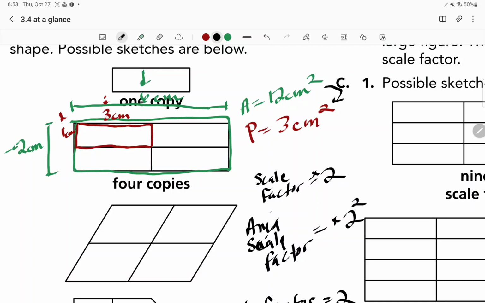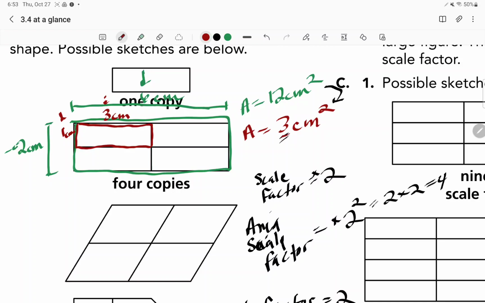It's going to be whatever that scale factor is squared, meaning you just multiply it by itself. So if you had 3, it would be 3 times 3, right? So we should have taken the scale factor for the area and multiplied by 4, or the perimeter, or sorry, this is area, isn't it? I'll get it right.